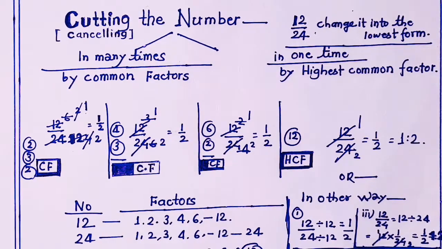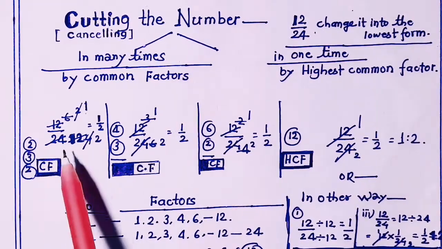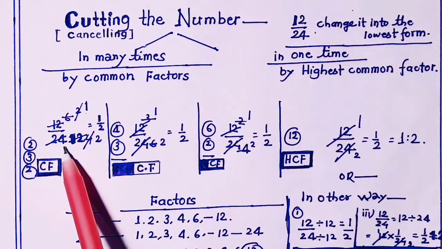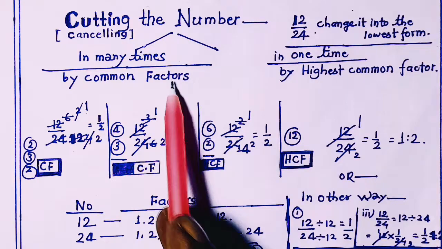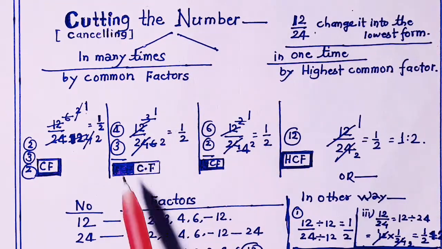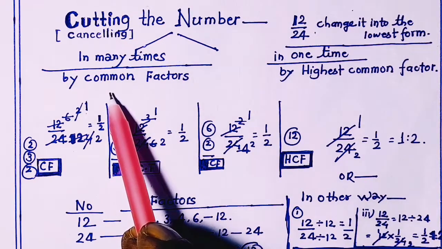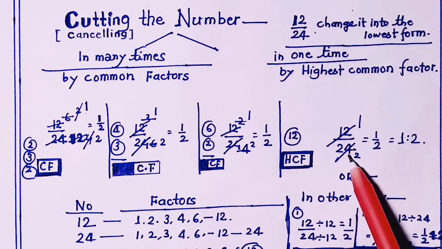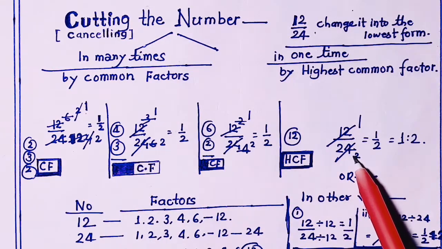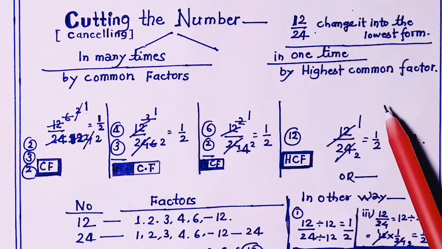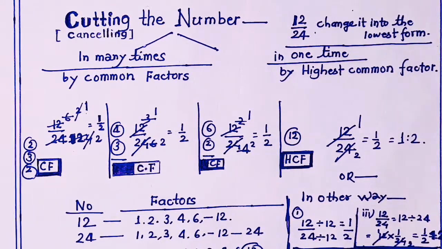It means that when the number 12 by 24 is cancelled by common factors, it takes much time. But when it is cancelled by their HCF, the highest common factor, it can be cancelled in one step.